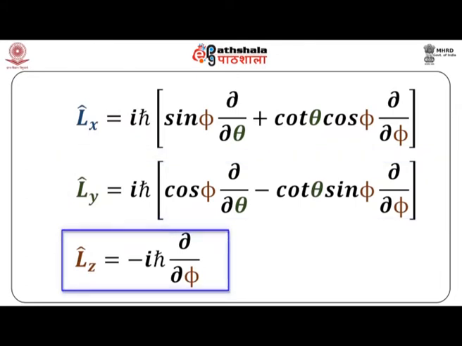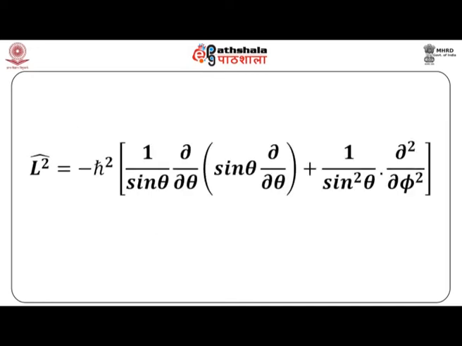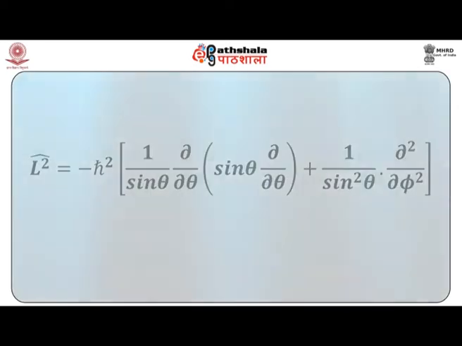Likewise, Lz is obtained as minus i h cross ∂/∂phi. We get L square as minus h cross square (1 upon sin theta ∂/∂theta (sin theta ∂/∂theta) plus 1 upon sin square theta ∂²/∂phi²).